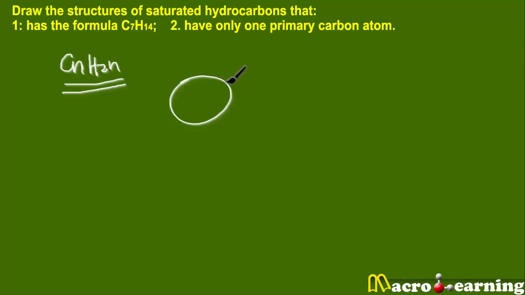Otherwise, if we have a branched substituent, you're always going to have more than one primary carbon. So it's got one ring and one substituent, and that substituent is going to be linear or a methyl group, right?